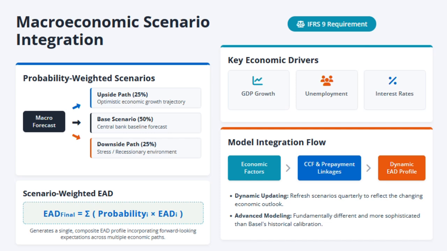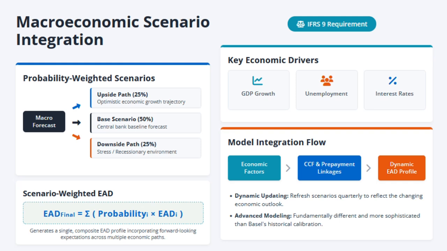Let's discuss the macroeconomic integration. For IFRS 9 compliance, your EAD models must integrate the macroeconomic scenarios. Economic drivers, like linking the CCF and prepayment rates to GDP growth, unemployment, and interest rates. Scenario generation. Create base, upside, and downside EAD profiles reflecting different economic paths.